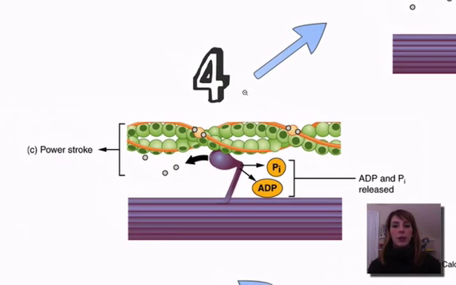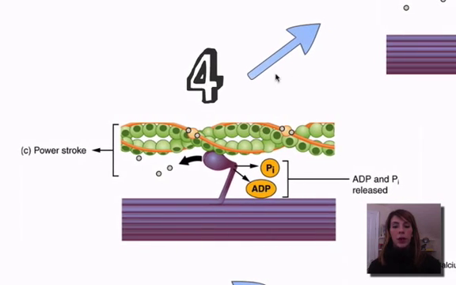So when this happens, the myosin head strokes like that, and that's going to move this filament in this direction, which will be towards the center of the sarcomere. If the muscle were going to continue contracting, the myosin head would once again bind to ATP, and that binding would cause the myosin to release from the actin filament.